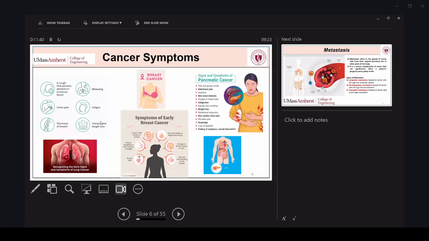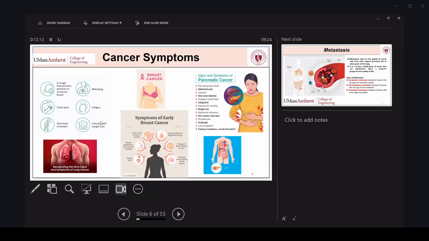So what are the symptoms? Say, for example, lung cancer is the leading cause of death globally. What are its symptoms? A cough that persists or with blood, wheezing, chest pain, fatigue, shortness of breath, unexplained weight loss. So we always recommend here in the US that above 40, a regular body checkup is compulsory.